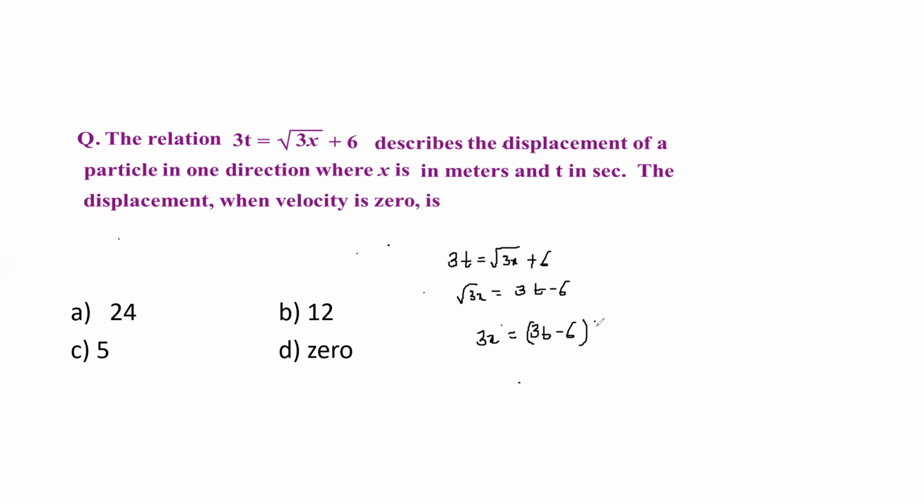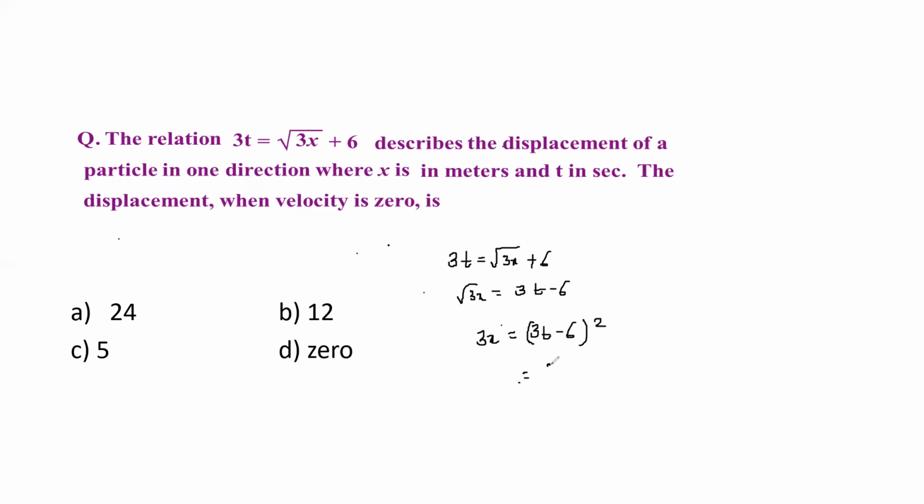Here it becomes whole square. This is in the form of a minus b whole square, which is a square plus b square minus 2ab. So a square is how much? It is 3t whole square.